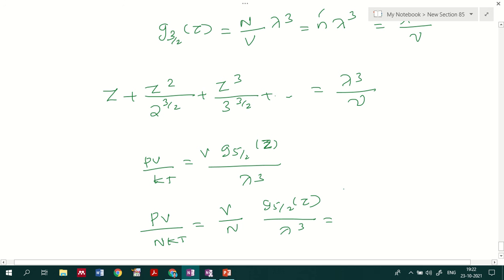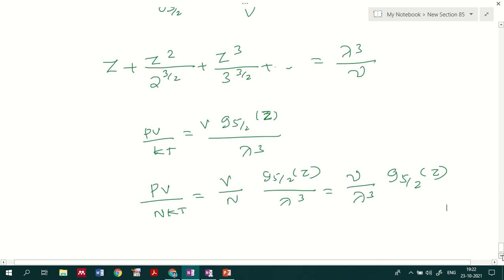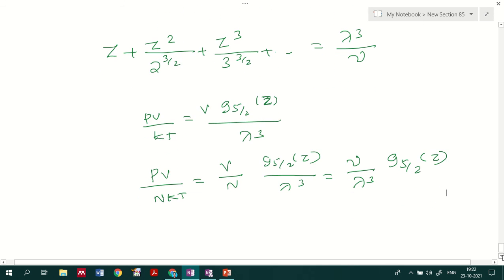I can write V by N as nu, so it becomes nu by lambda cube times g5/2 of Z, where n by v is the number density and nu is 1 by n.